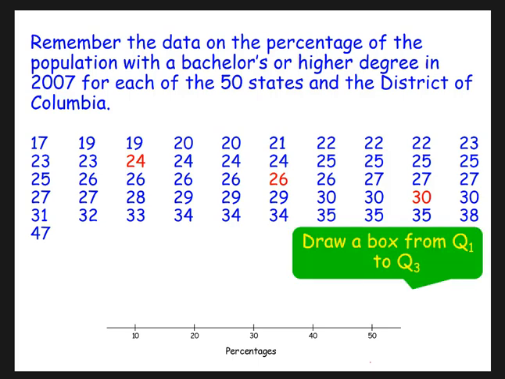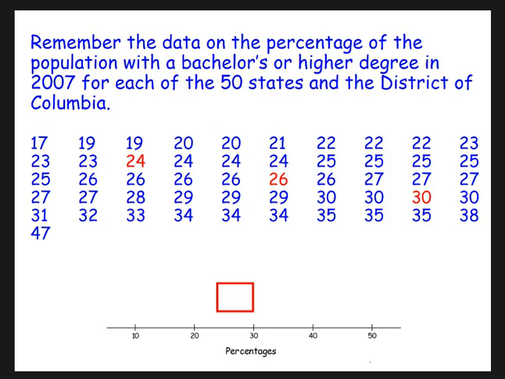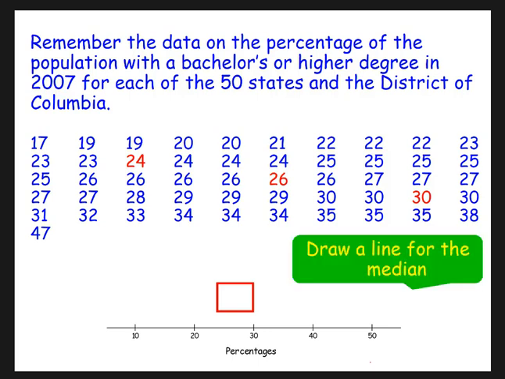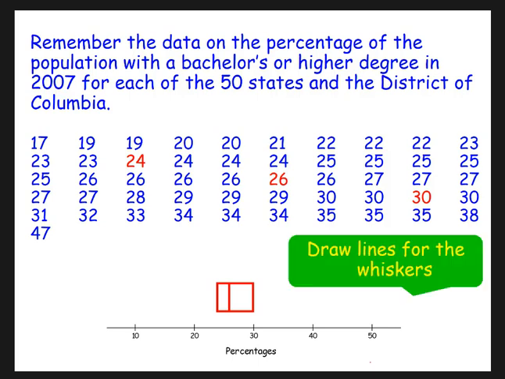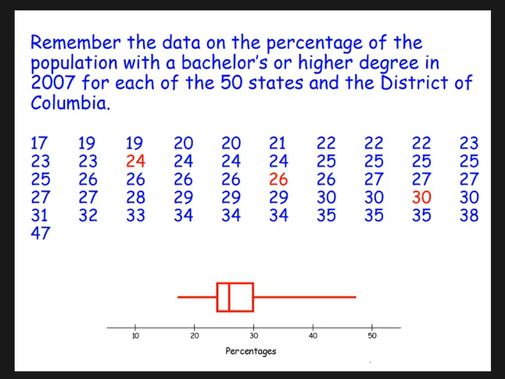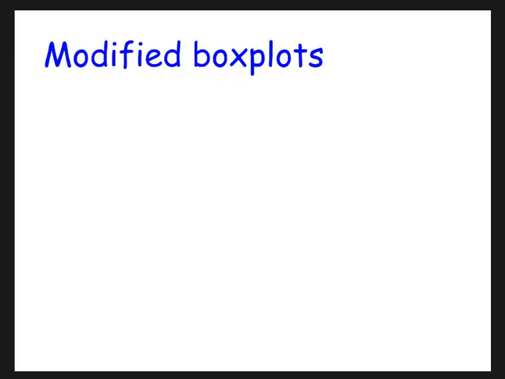We're going to draw a box that goes from Q1 to Q3. So Q1 was 24, Q3 is 30. That box goes there. We're going to draw a line in for the median at 26. Then we're going to draw lines out to the minimum and maximum value. Those are called our whiskers. That's our box plot. Smallest value is at 17. Largest value is up here at 47.